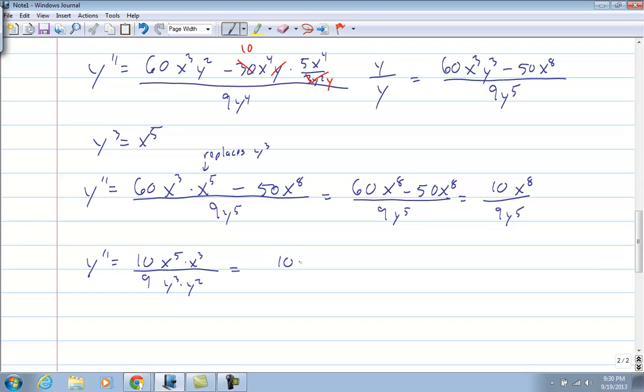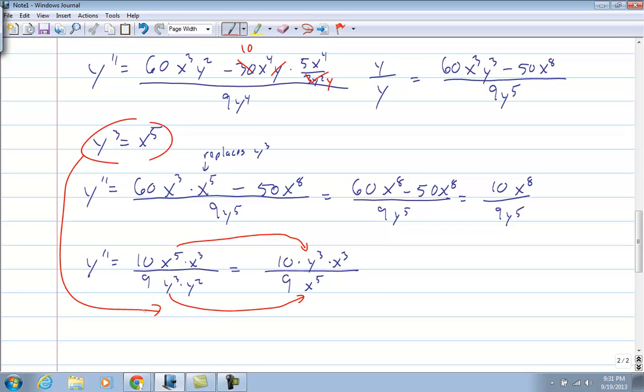Then we have 10 times the x to the fifth becomes a y cubed, times x cubed over 9. This y cubed becomes an x to the fifth, and we're still basing it off of this relationship. And we still have a y squared there.